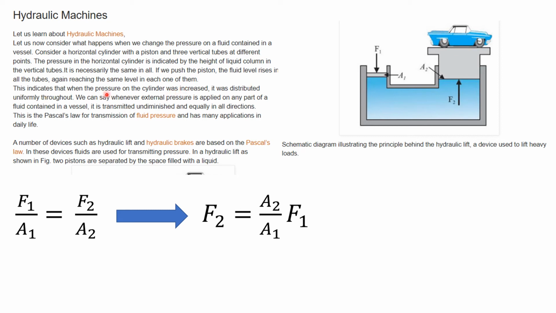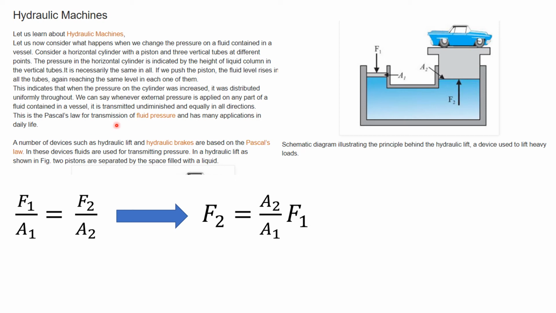Now this indicates that when the pressure on the cylinder is increased, it is distributed uniformly throughout. We can say that whatever external pressure is applied on any part of a fluid contained in this vessel is transmitted undiminished and equally in all directions. That is Pascal's law.